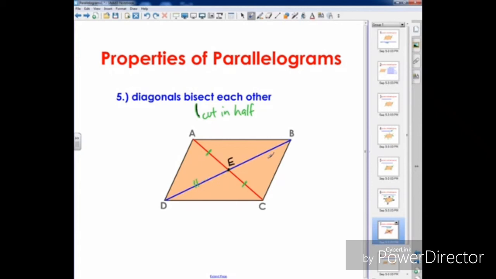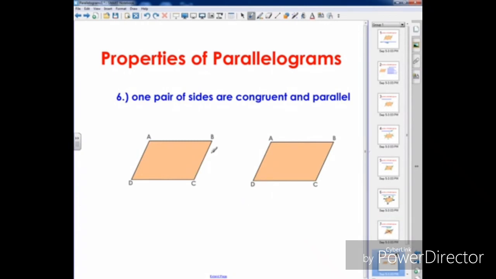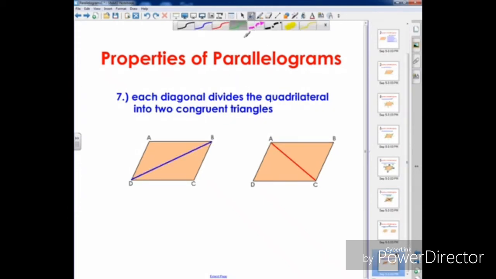Segment DE is congruent to segment EB. Property number 6, we have one pair of sides that are congruent and parallel. The last property of a parallelogram, each diagonal divides the quadrilateral into 2 congruent triangles.